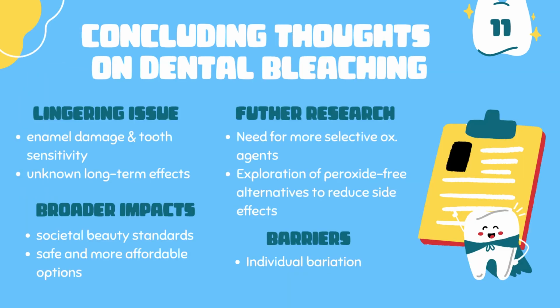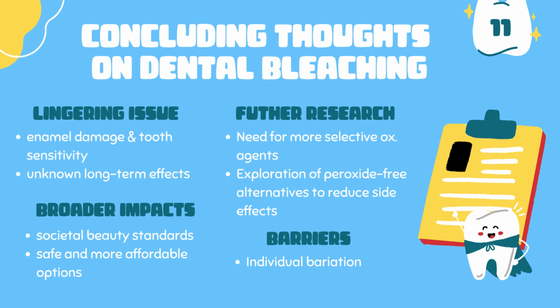Looking forward, there is a growing interest in developing alternative bleaching systems that are less harsh than hydrogen peroxide. For example, researchers are exploring nanoparticle-based systems and enzyme-assisted bleaching to reduce tissue irritation and enamel damage.